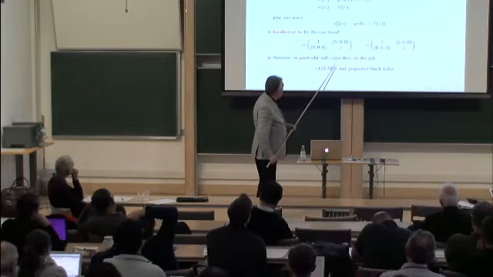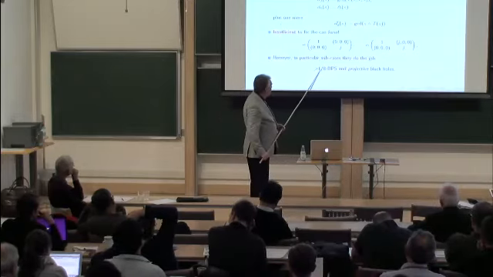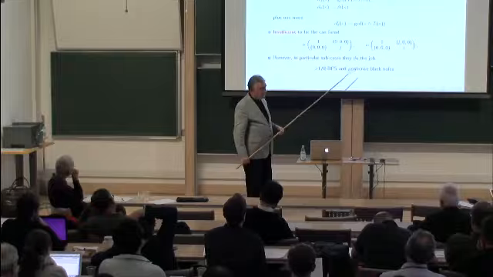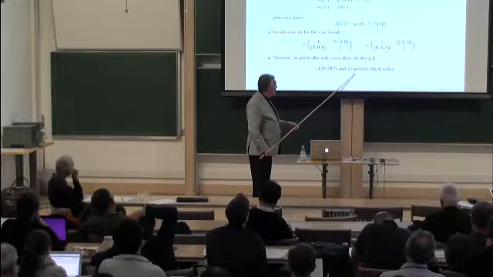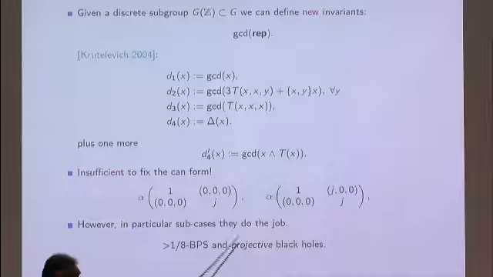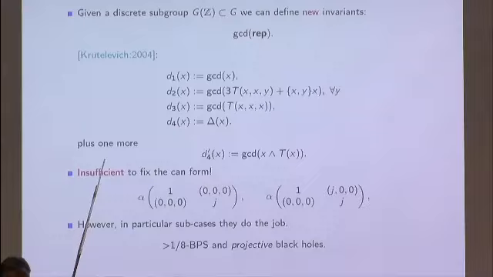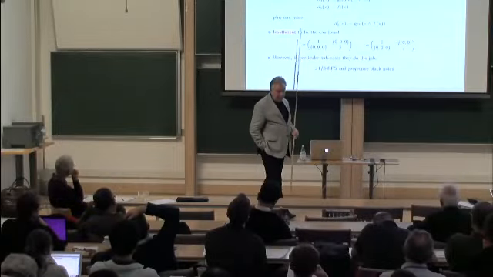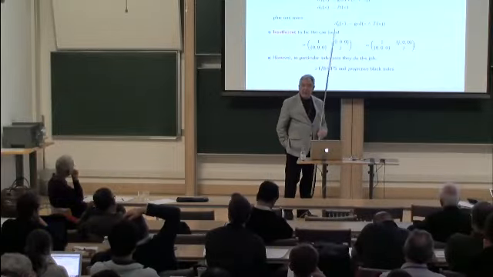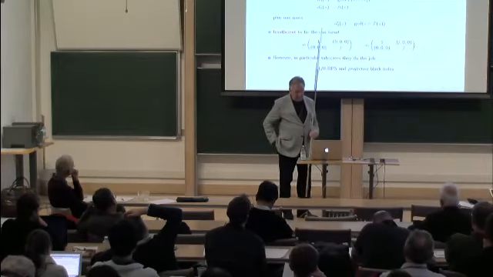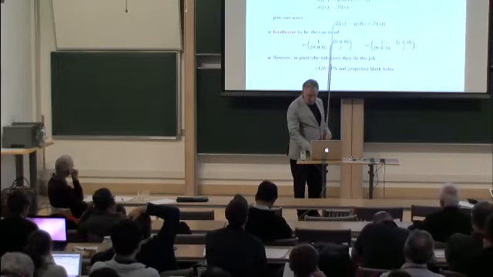We can do it in the case of the greater than 1/8 black holes, and we can do it for a subset of the 1/8 black holes that are called projective black holes. But so far, we haven't been able to do it in general. And I think there's good reasons for it. Some very smart mathematicians have attacked this problem in number theory and have not yet come up with the answer. So it would be very interesting to have it.